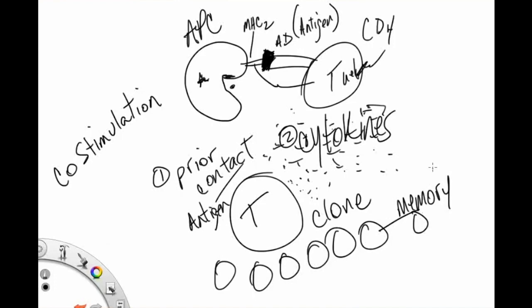Will they be active now? No, they will lie dormant. Just very similar. Some of these cells, would it make sense that some of them could become T helpers? Sure. And we know what they're going to do. They're going to go out there and they're going to help.